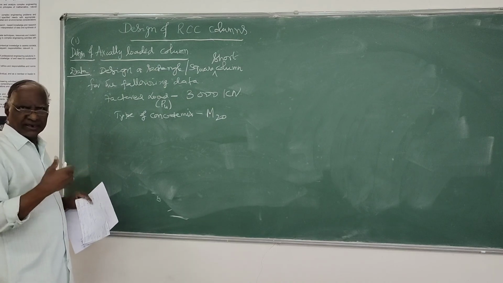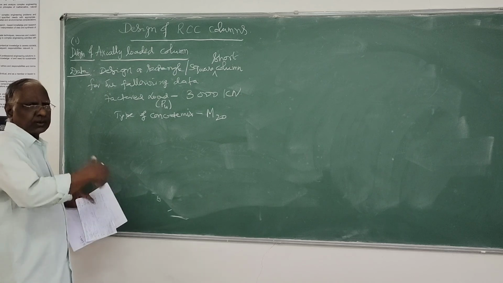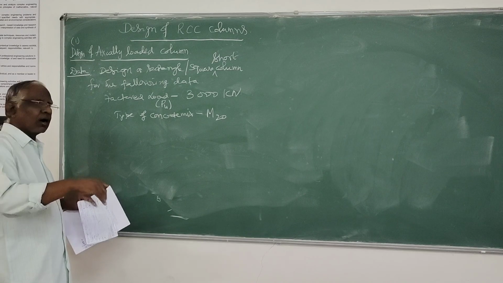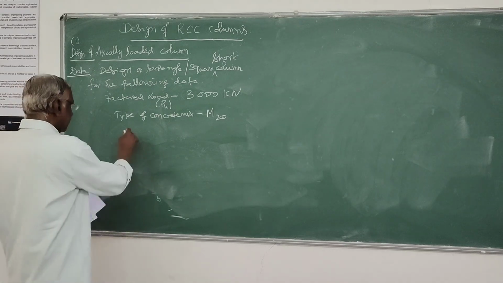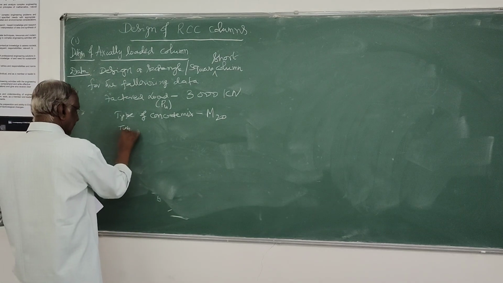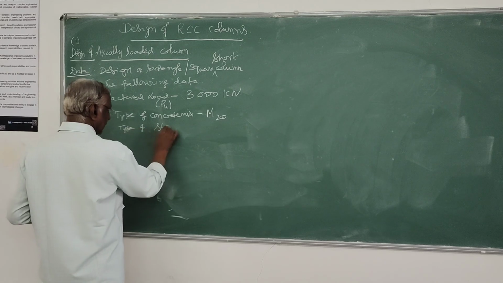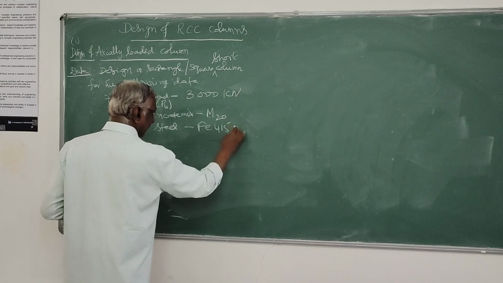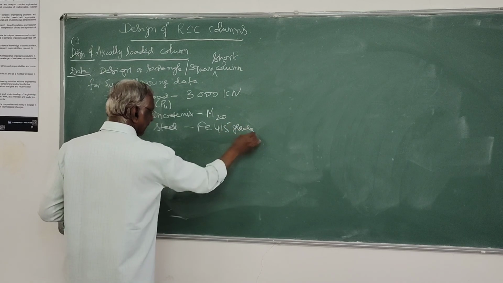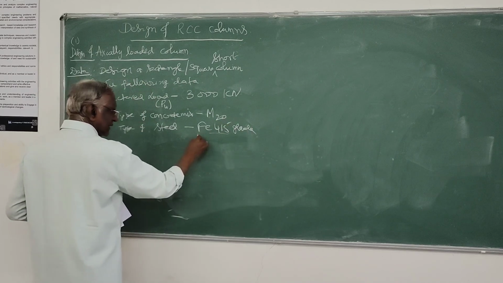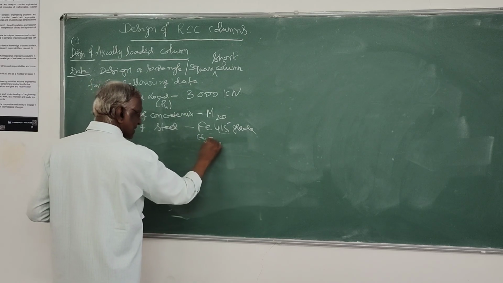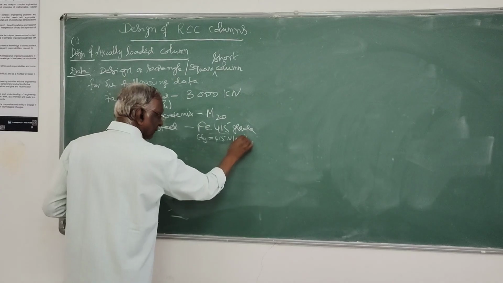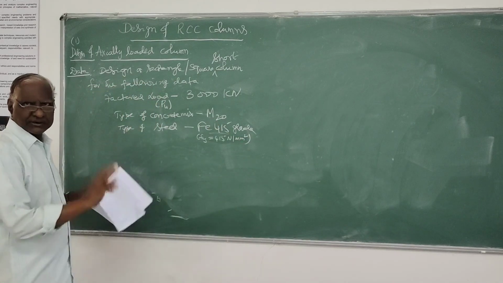Normally 250 grade nowadays we don't use, only the other two varieties, 415, that's cold twisted bar or high strength bar. So type of steel is Fe415 grade. The moment I say Fe415 grade, the yield stress of the steel is 415 Newton per millimeter square. That's the figure which you have to remember.